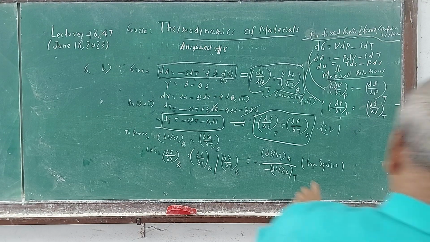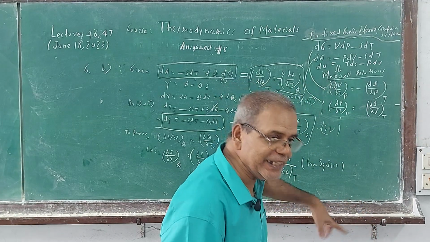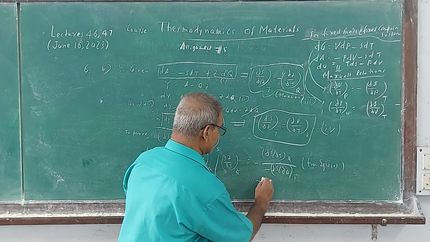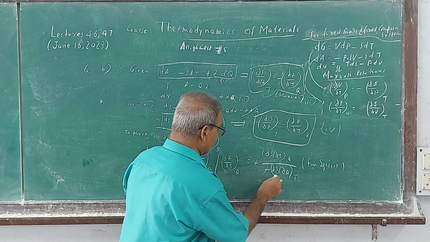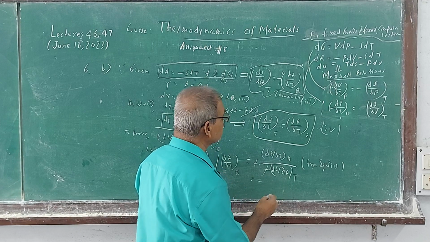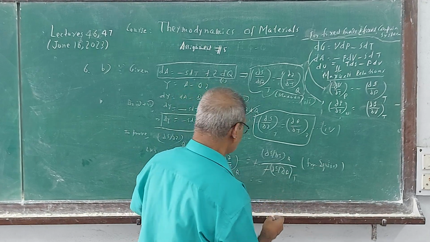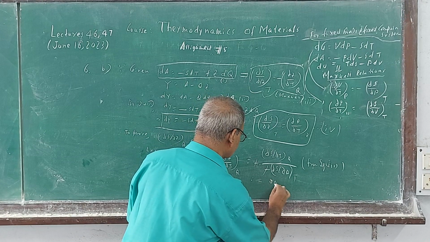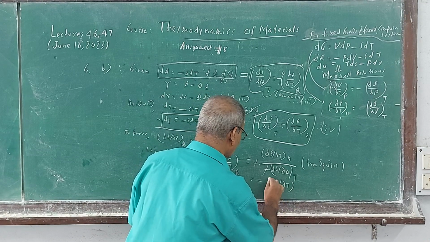Three things were there: S, T, Q. So you can get it easily. As the minus cancels, and minus cancels, you will get a residual minus. So what is coming is dq by del T at constant.